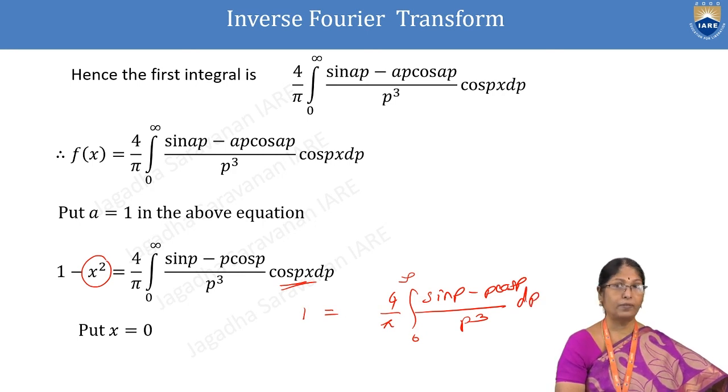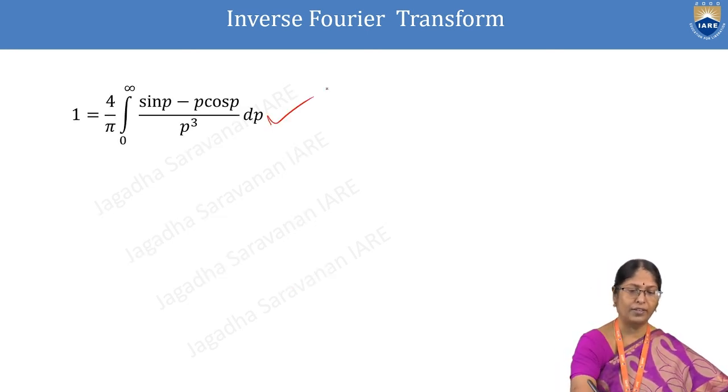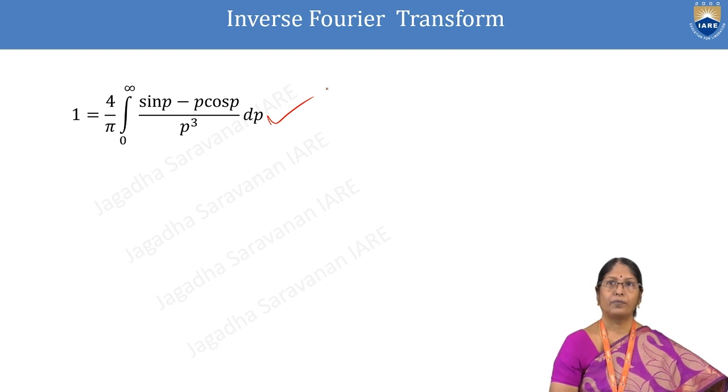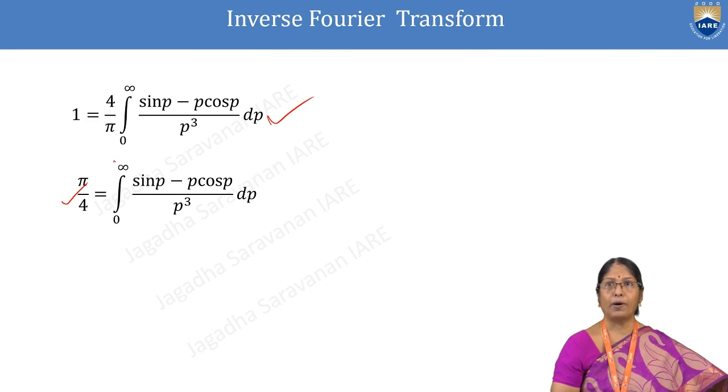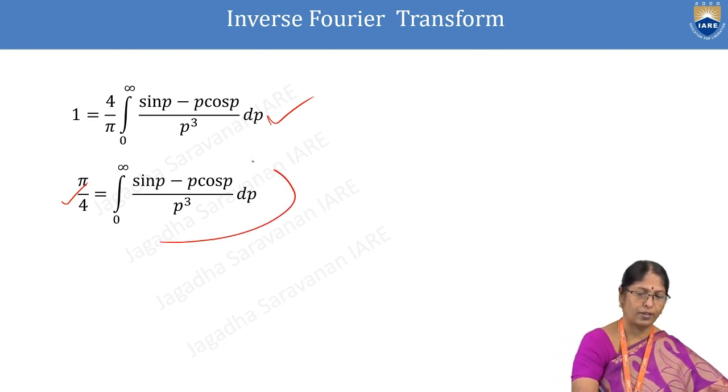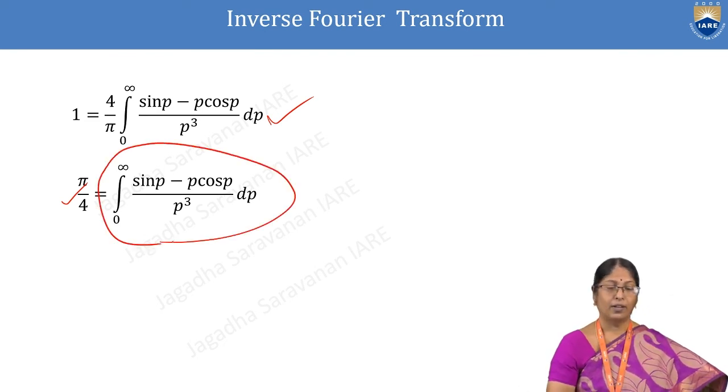That's what we got. It is written here the same. So the 4 by pi we pushed to this side, pi by 4. So we got this result. Pi by 4 result we got.